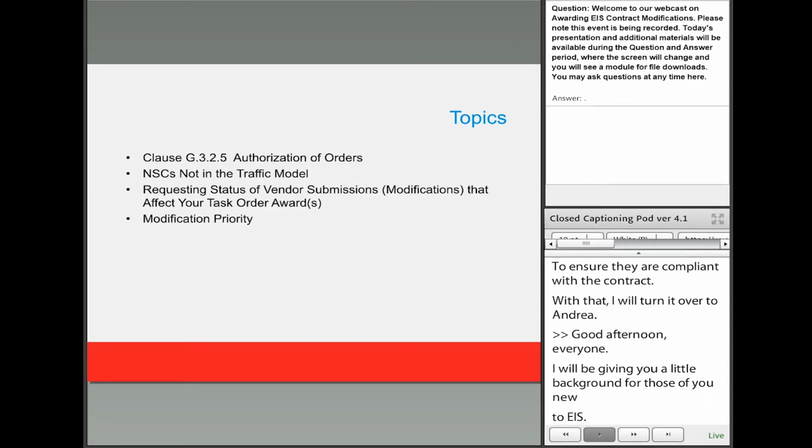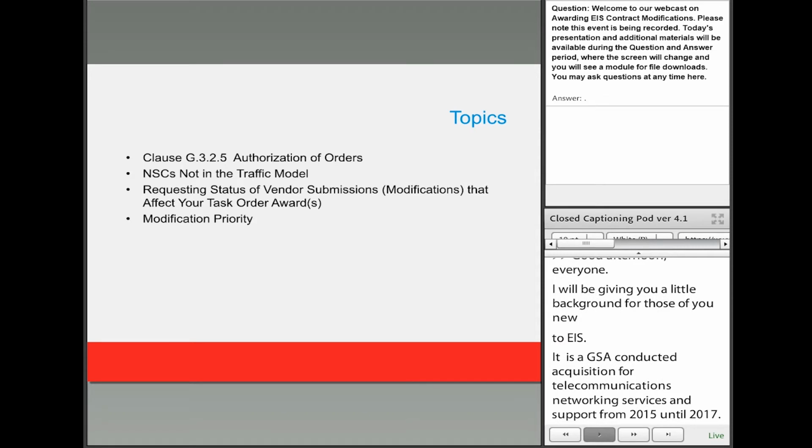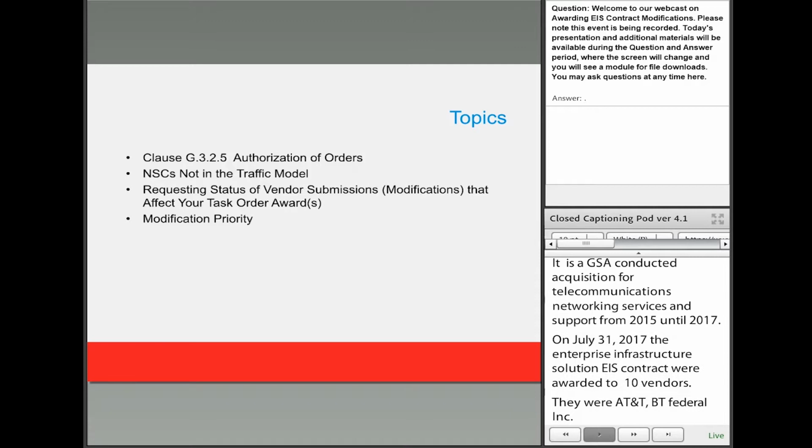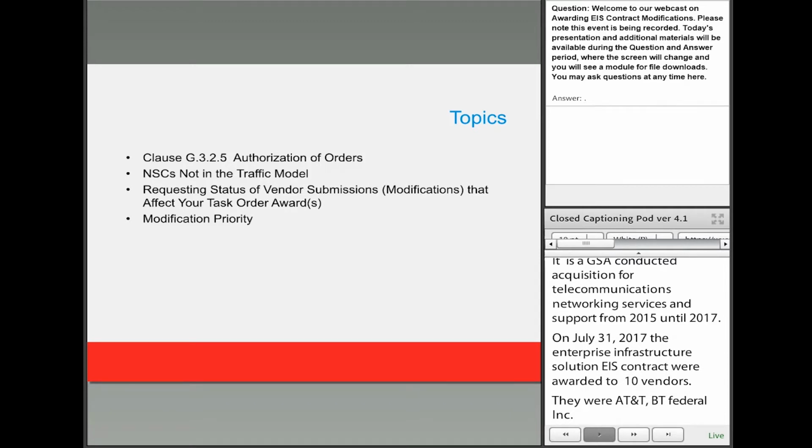On July 31st, 2017, the Enterprise Infrastructure Solutions EIS contracts were awarded to 10 vendors. They were AT&T, BT Federal Incorporated, CenturyLink, Core, Granite, Harris Corporation, Level 3, MetTel, Microtech, and Verizon.